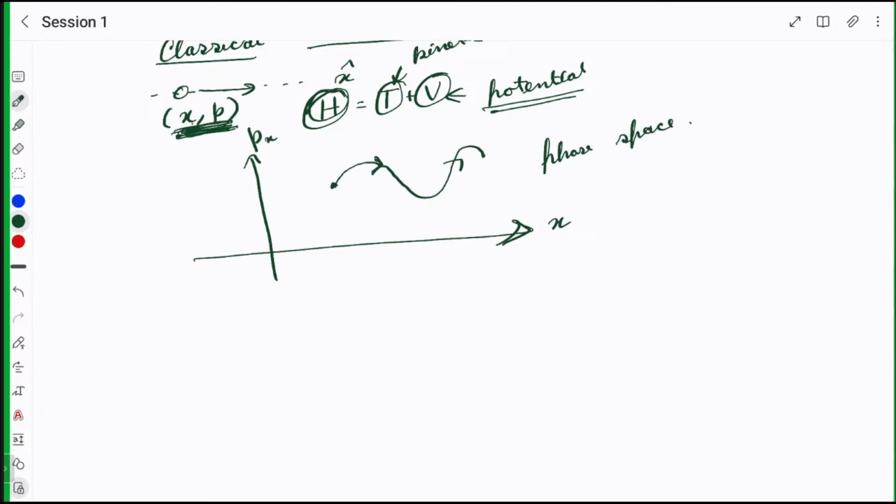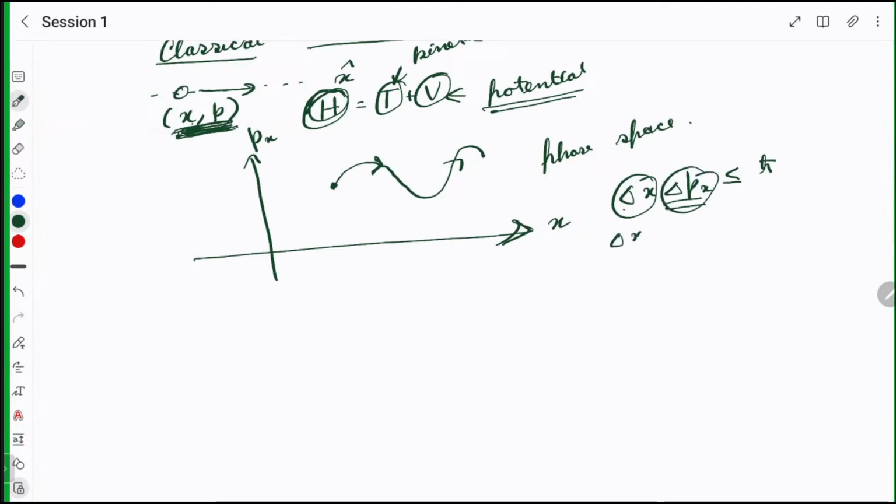If we want to specify the position accurately, then we can't specify the momentum at all, because we have the uncertainty relation in quantum mechanics. If delta x is 0, then in order to keep this product finite, delta p_x has to tend to infinity.